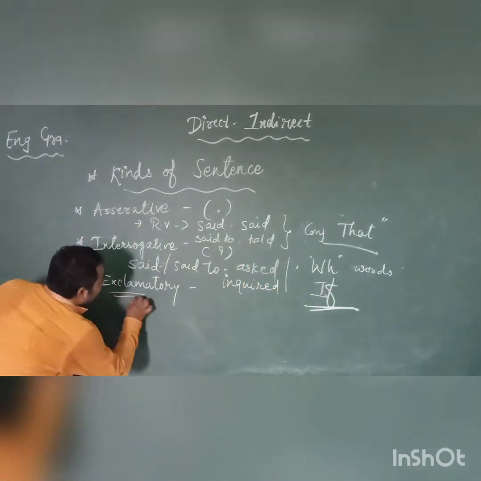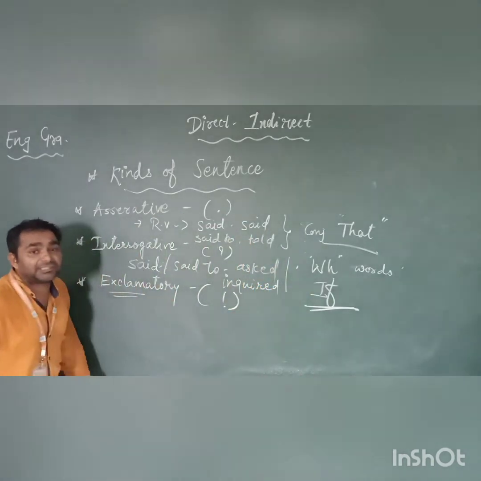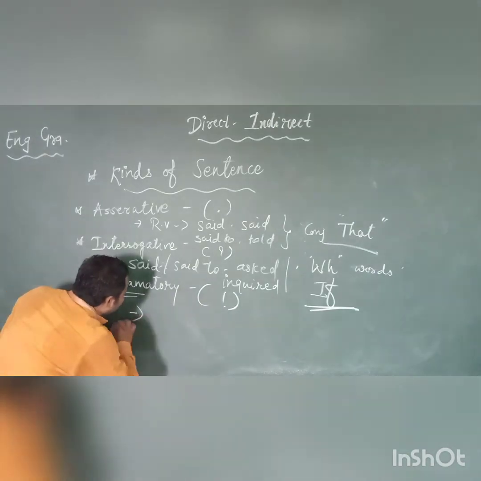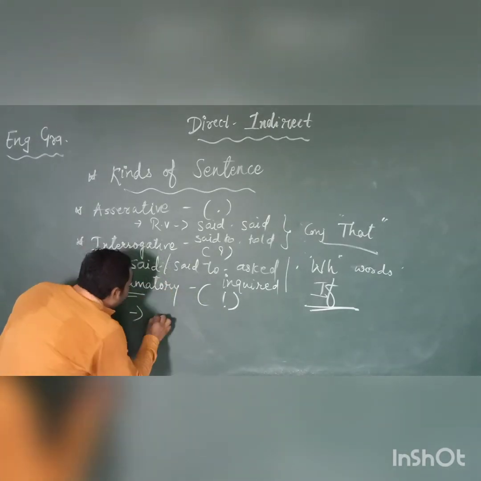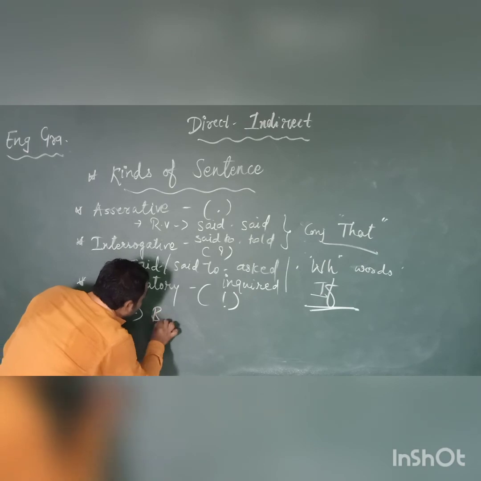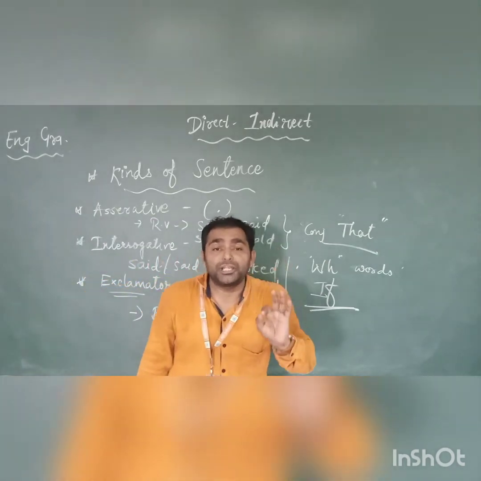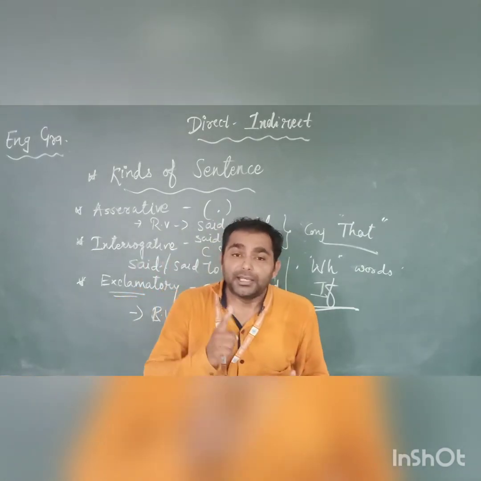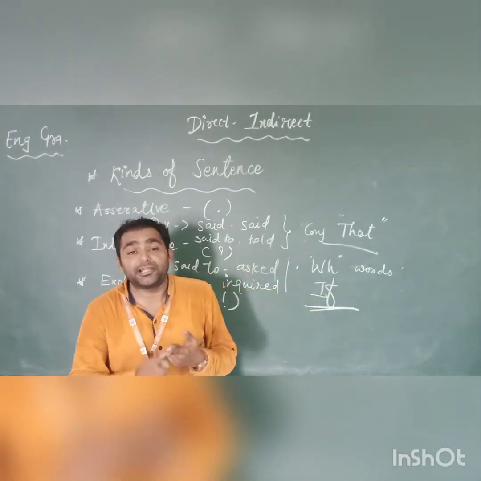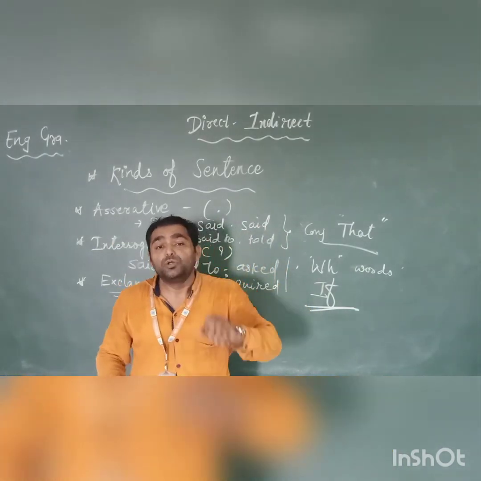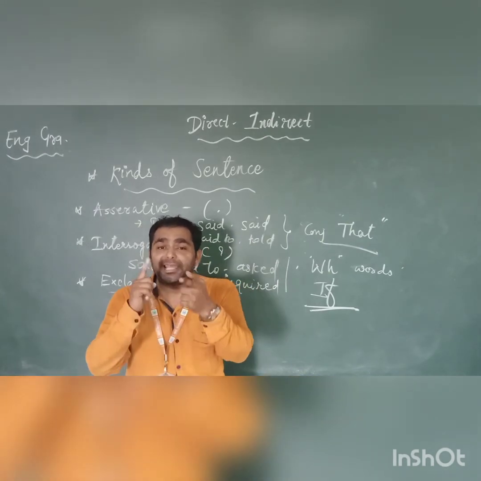And now the exclamatory sentence, which ends with an exclamation mark. In an exclamatory sentence, first of all we will have to write the reporting verb according to the sense or according to the sentence. Like if a request is there, at that moment we are using to; if a sense of feeling is there, then exclaim.